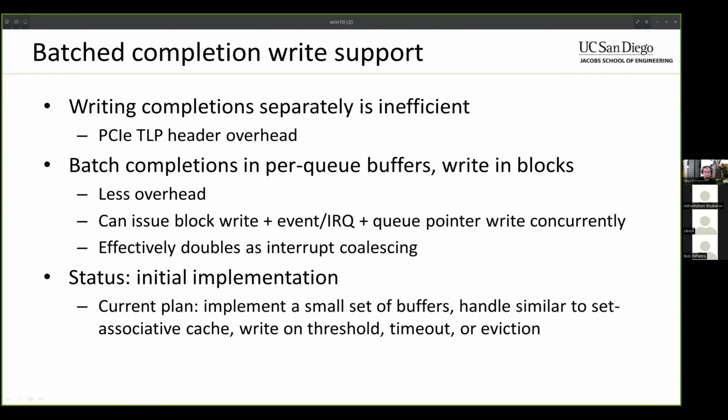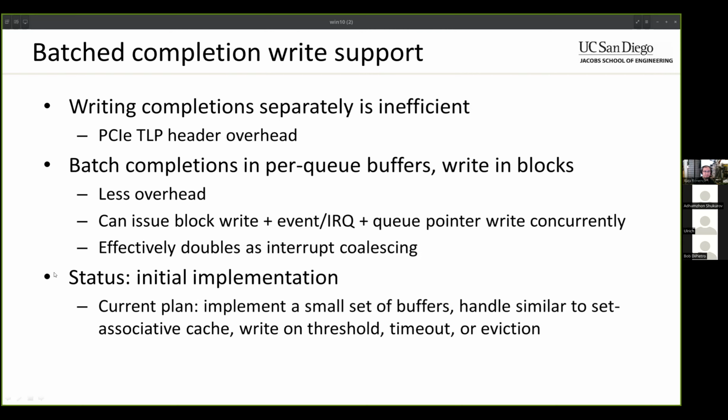Writing completions individually is not very efficient because of the PCIe TLP header overhead and whatnot. We're sending a bunch of 32 or 64 byte packets. That's not great from a throughput perspective. But if we batch them and write them in blocks of 128, 256, 512 bytes, that ends up utilizing the PCI Express link more efficiently.